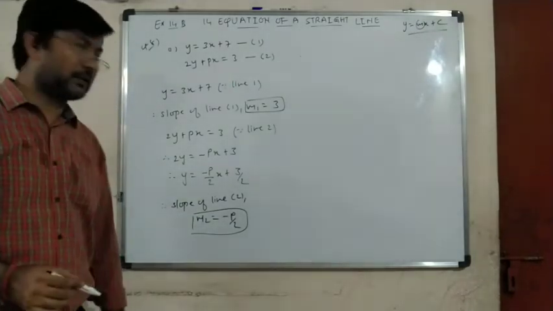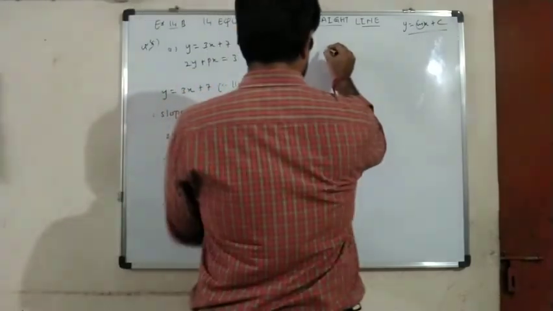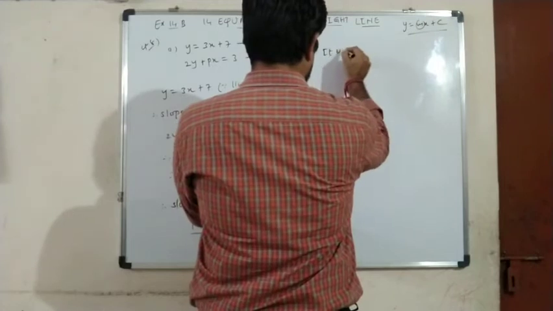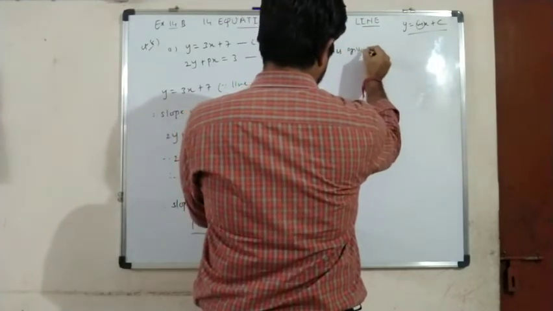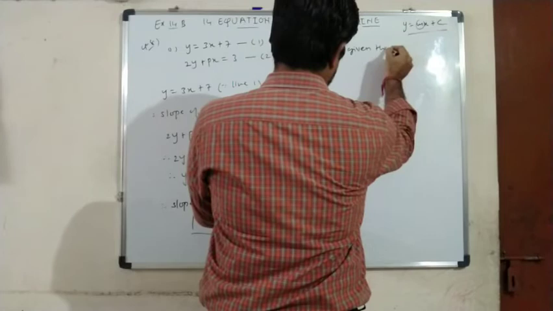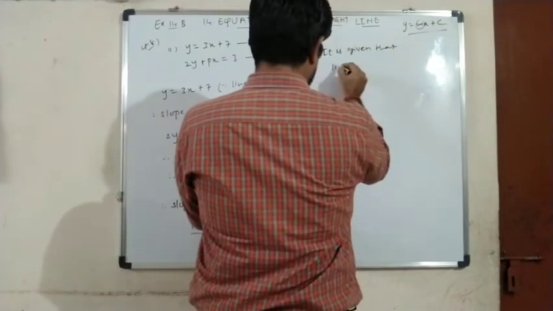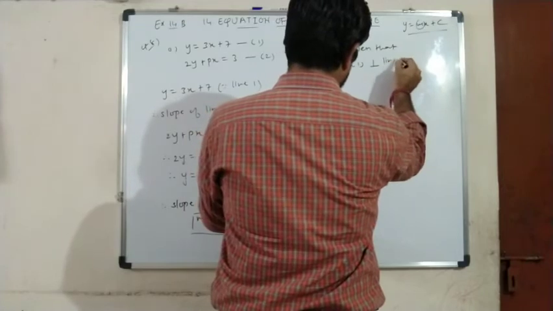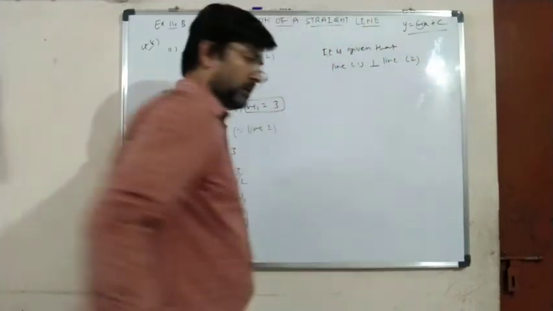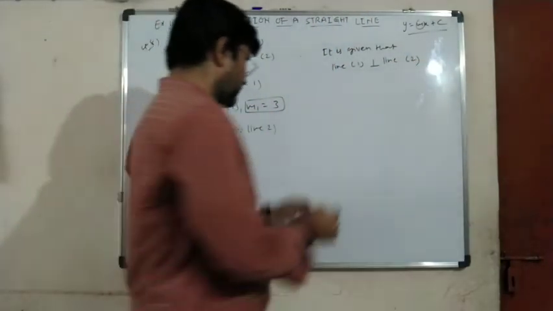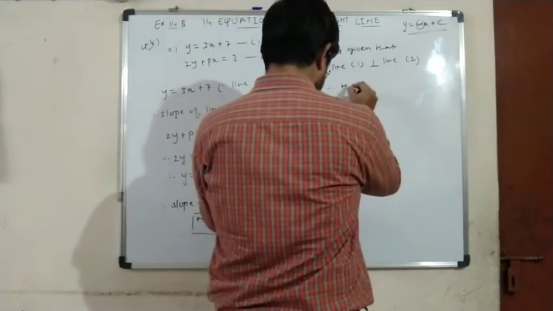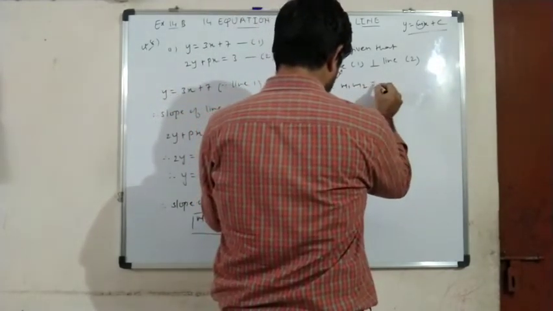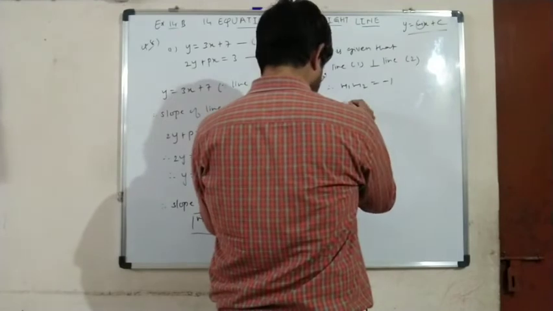Now it is given that line 1 is perpendicular to line 2. Yes or no? And therefore the product of their slopes will be m1 into m2 is equal to minus 1.